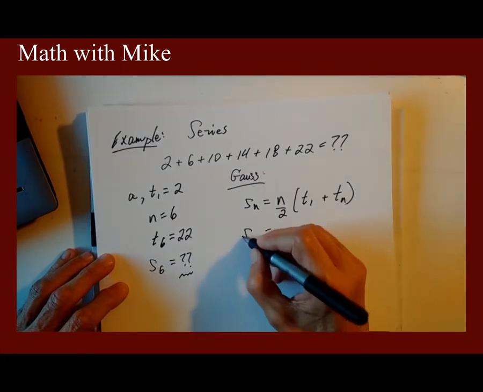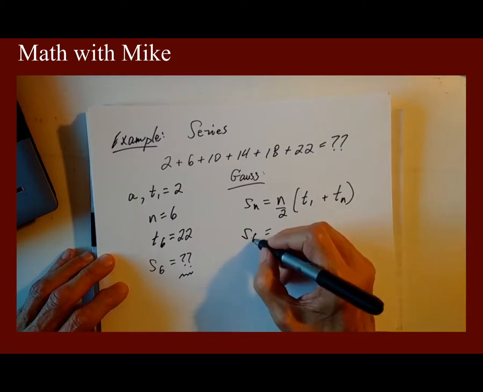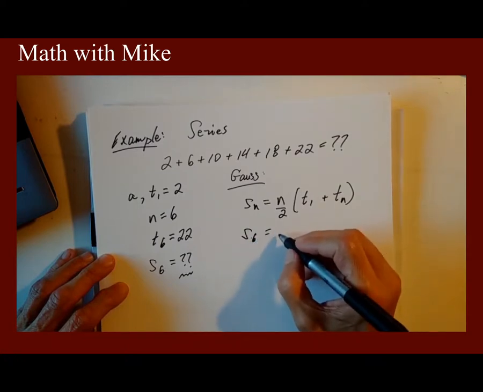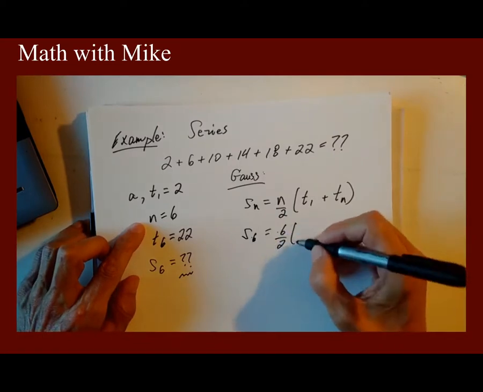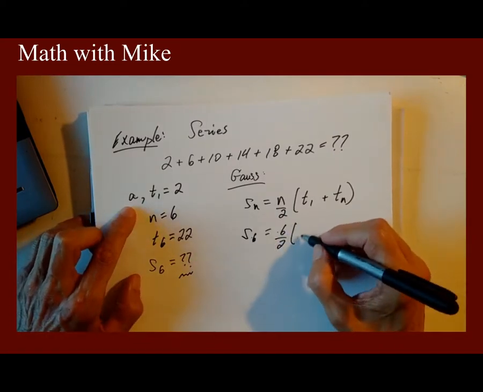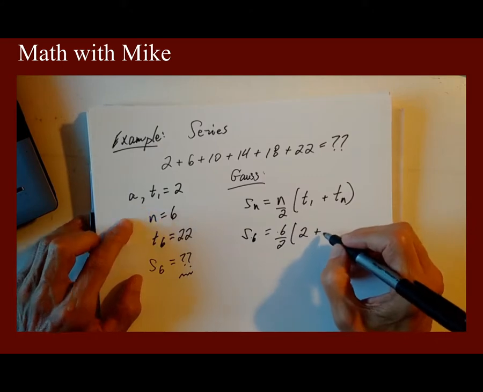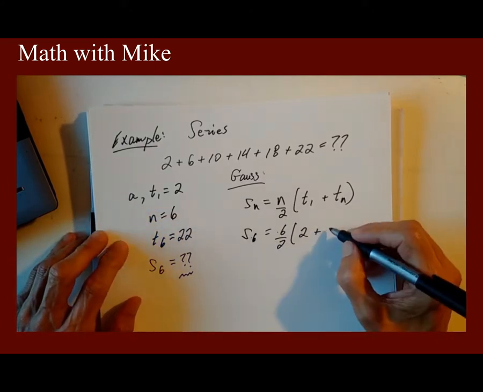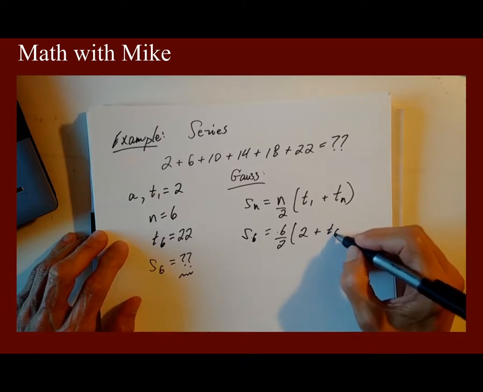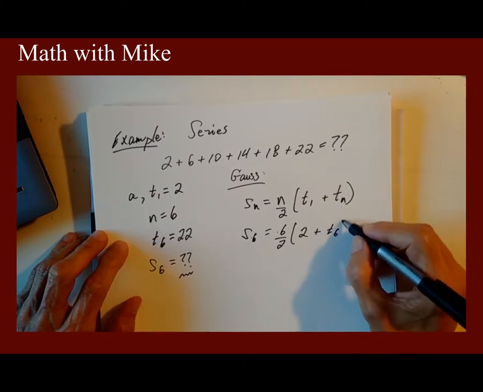So the sum of the 6 terms, n is 6, T1, or A, is 2, and then we put a 6 in there, a 6 in there, so you put a 6 in for the n, right?